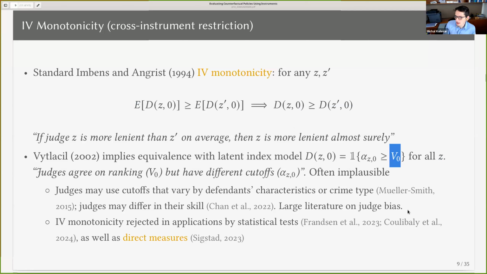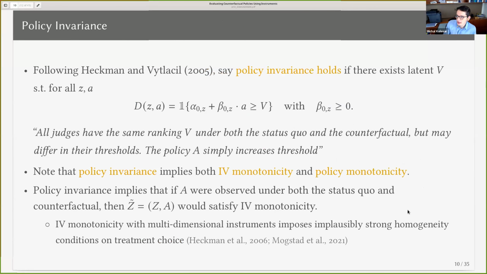That may often be too strong in applications. The third type of restrictions you may want to impose is called policy invariance. This is the assumption that Heckman and Vytlacil's baseline framework imposes, which says that, in fact, the ranking V that judges have is the same across all the judges, and it's the same under the status quo and the counterfactual. And the only thing that the counterfactual does is simply increase the threshold.